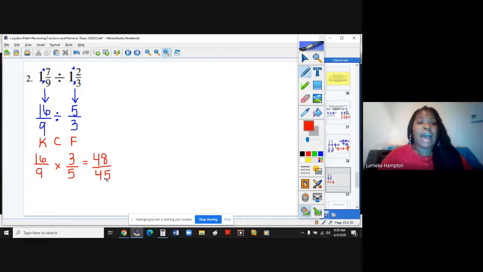Now, again, I have an improper fraction. So again, I'm going to show you the 2 ways that you can simplify this problem, because it can be reduced, and we have to convert it into a mixed fraction.